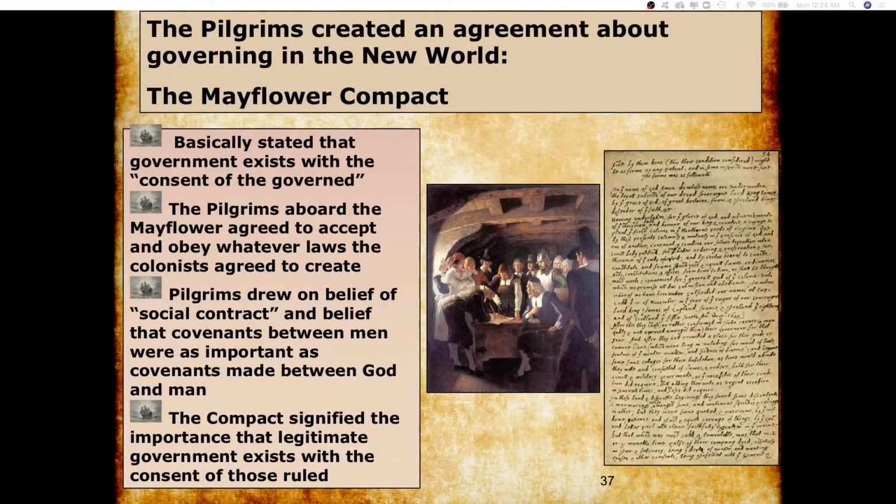So in essence, they're setting up their own social contract, and essentially the people are consenting to be governed, which is one of our major principles that we see in our future governing documents like the Constitution, all right? So that's why we bring up the Mayflower Compact, because we do get those early principles of government.